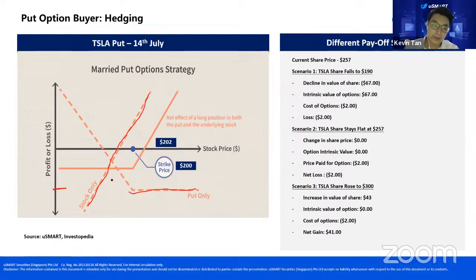You incur a loss if it is within this range, and you start to make a profit as the price declines. So what happens if you own a share and you buy a put option to hedge against a price decline? Your payoff diagram will look something like this.